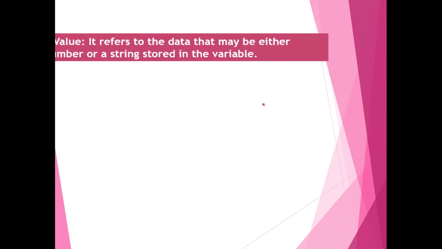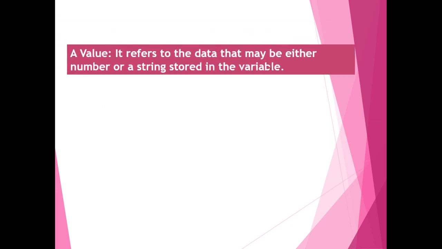So the first component that we have seen is basically a value. What is a value? Value refers to the data, which may be either a number or a string or a floating point number, that is stored in a variable. So when we write a = 5, this a is basically a variable, right?